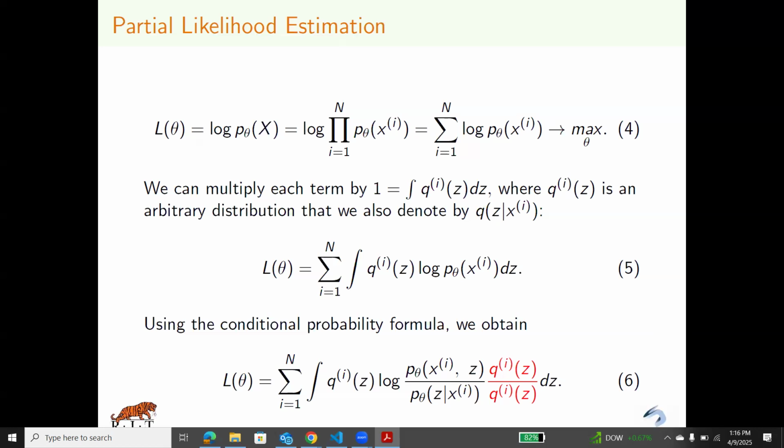It's called partial likelihood. So here we just write the log likelihood, the product over all data points. And theta stands for the parameters of our neural network.